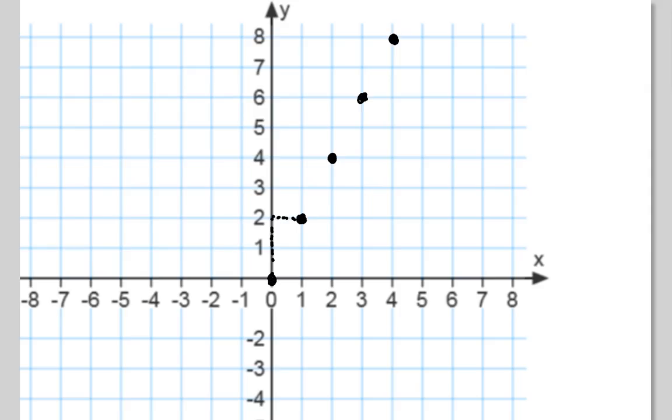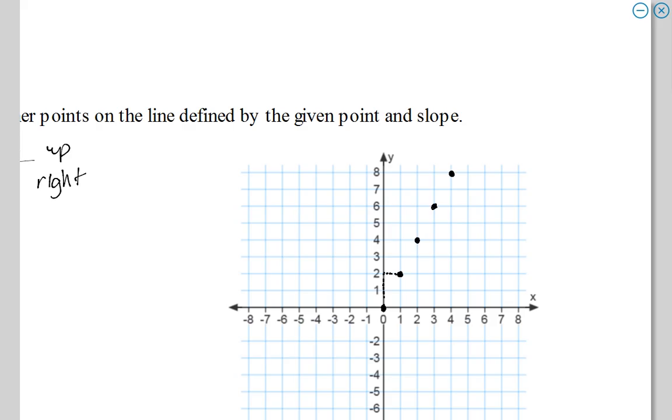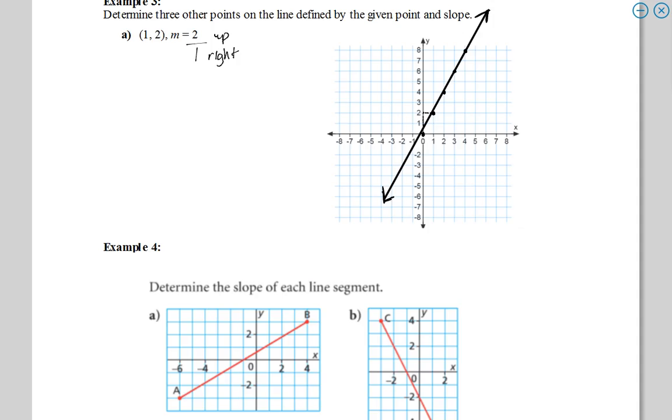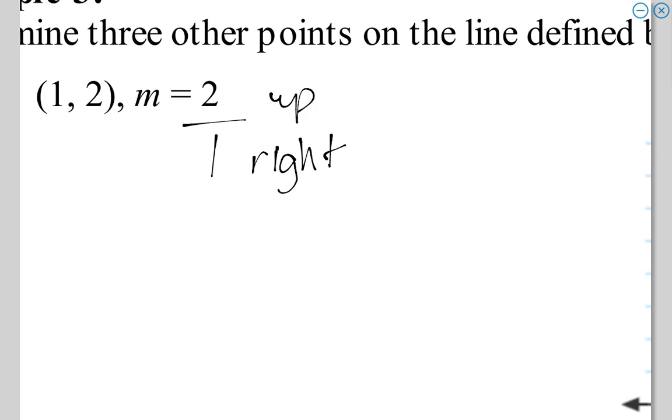Okay? Now, how many of those points do you need to make a line? Do you need 5? No, you just need how many? Just 2, yeah. You guys okay with that? So I maybe make a note here. If you go 1 right, 2 up, you could also go 2 down from 1 left.